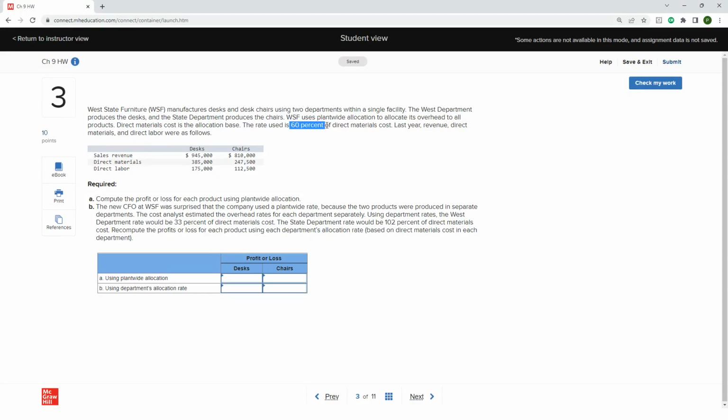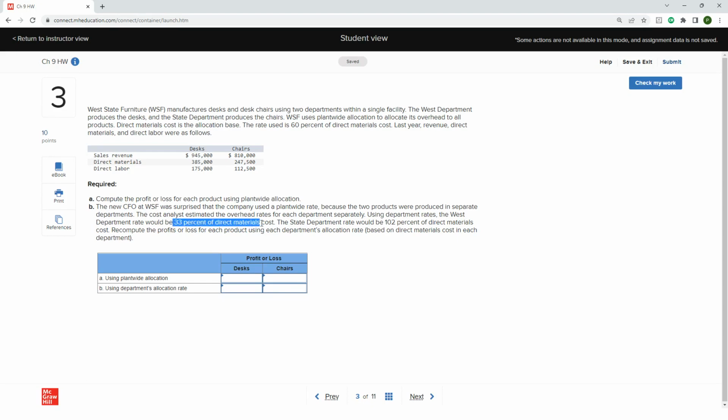And so we have to calculate the profit or loss for each product using plant-wide allocation for Part A. And then for Part B, the new CFO decides that a plant-wide 60% allocation might not be that accurate. So they're going to recrunch the numbers. They're going to allocate to the West Department, they're going to use 33% of direct materials cost.